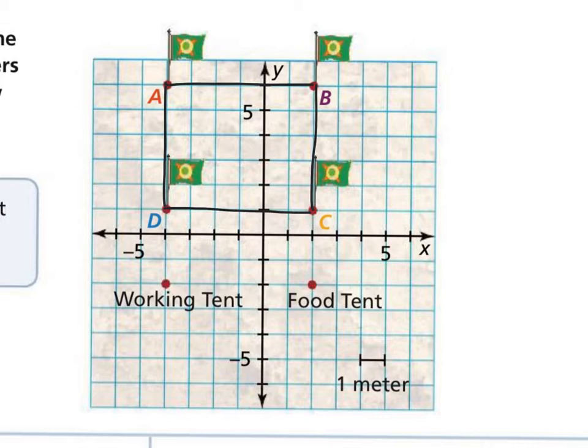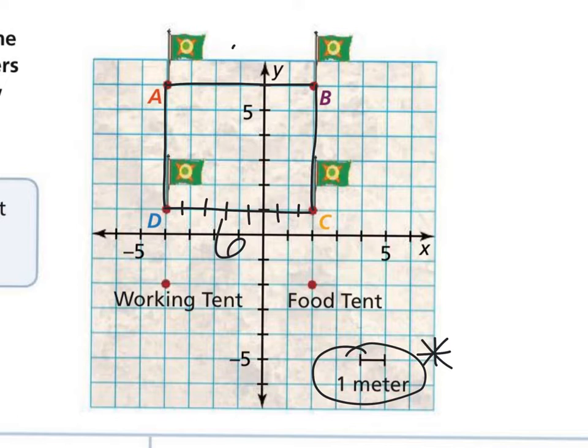If you look at the scale down here, each of these squares is equal to 1 meter across. So we can just look at this and see how many squares we have going across each side. So going across the bottom, for example, that looks like 6 squares, so 6 meters.